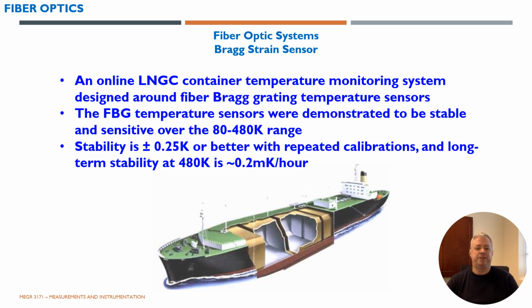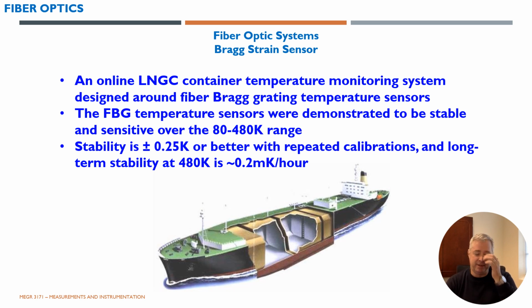So here's an incredibly important application: liquefied natural gas containers. We ship liquefied natural gas all over the globe in these big ships. They're designed specifically for this. You've got to keep them in high pressure, and you've got to really control the temperature on these.